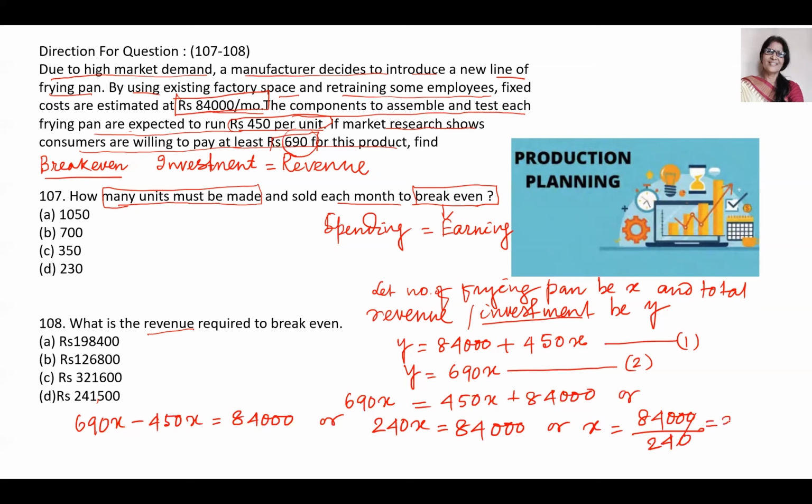Cancel, 24 times 3 is 72, so 350 units. Where is the answer? C is the answer. 350 units you will sell.